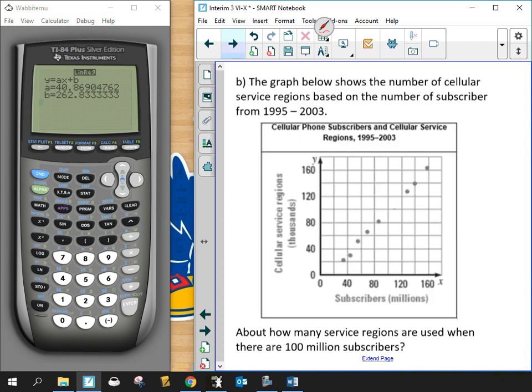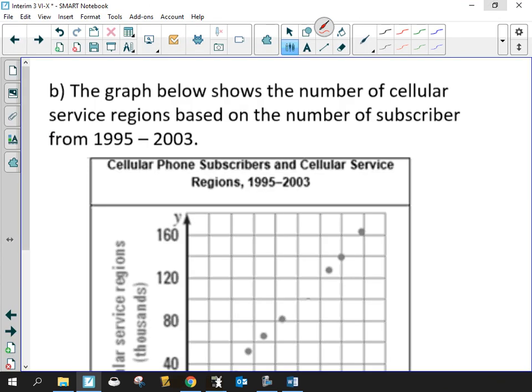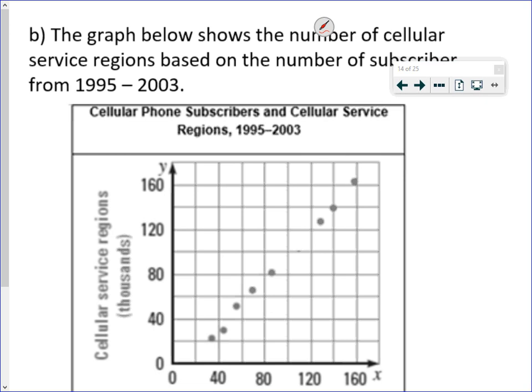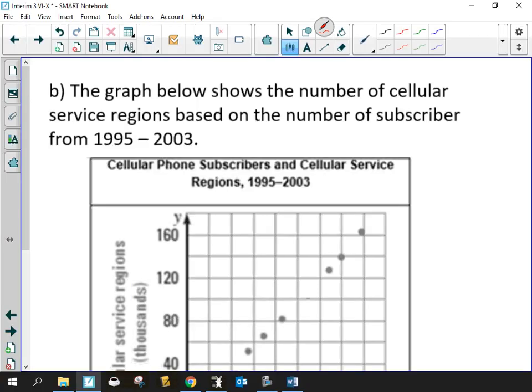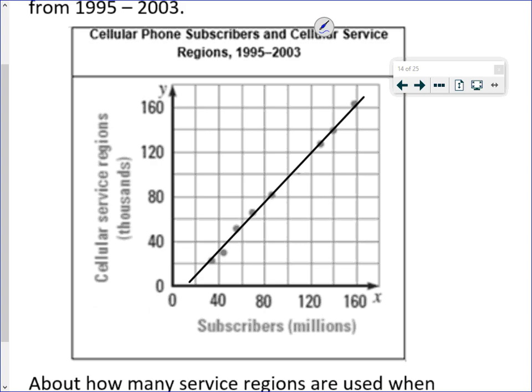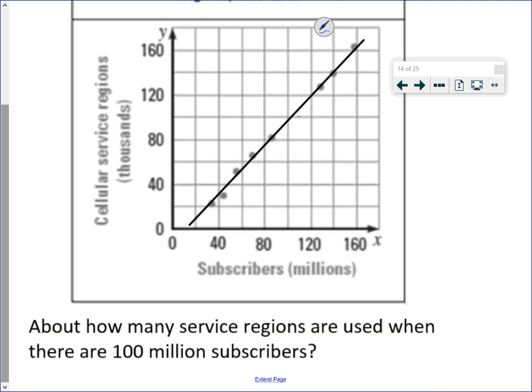Let's go to the next one. I don't need the calculator for this, so we'll go back to full screen. So for this one, all I would do, actually let's not go full screen, is I would draw in what appeared to be a line of best fit for myself. Then the question was about how many service regions are used when there are 100 million subscribers.